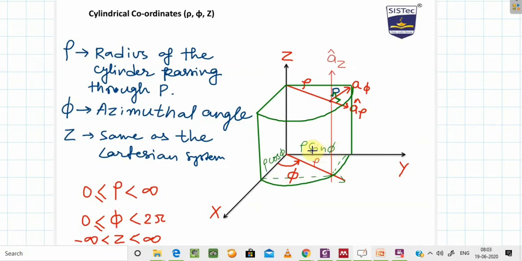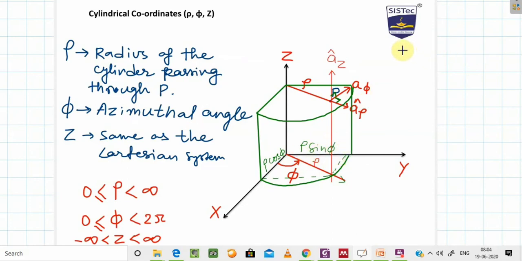Here we can establish a simple relation between the Cartesian coordinates and cylindrical coordinates. So how can we write the relation? If I try to establish a relation between the Cartesian coordinates and cylindrical coordinates, then x equals rho cos phi and y equals rho sin phi.